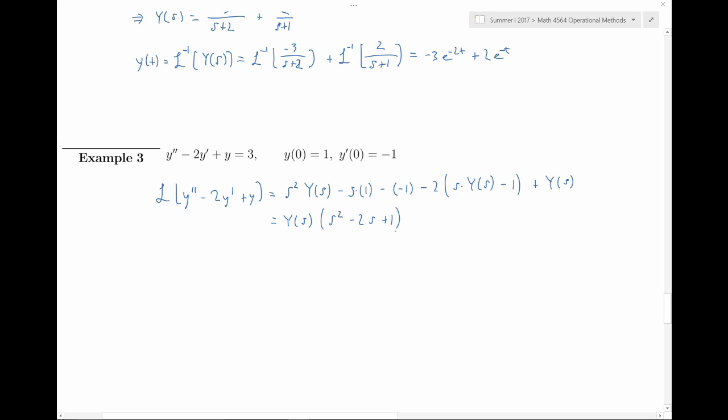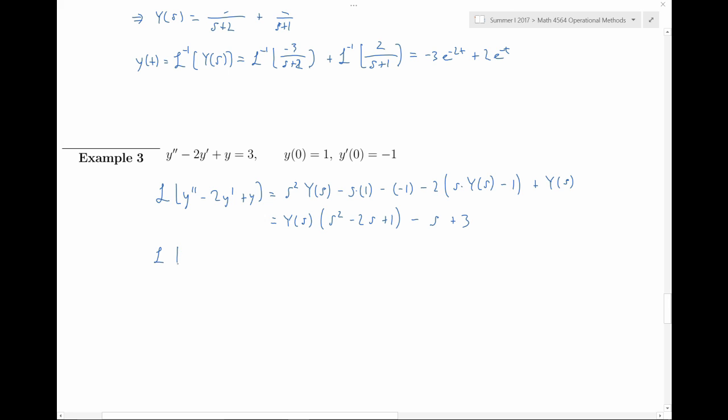And this equation has double roots, s minus 1 squared, and the roots of the characteristic equation would be 1 and 1. So we're going to see e to the t and t e to the t in our solutions. The other terms add up to minus s, and we have plus 1 and plus 2.